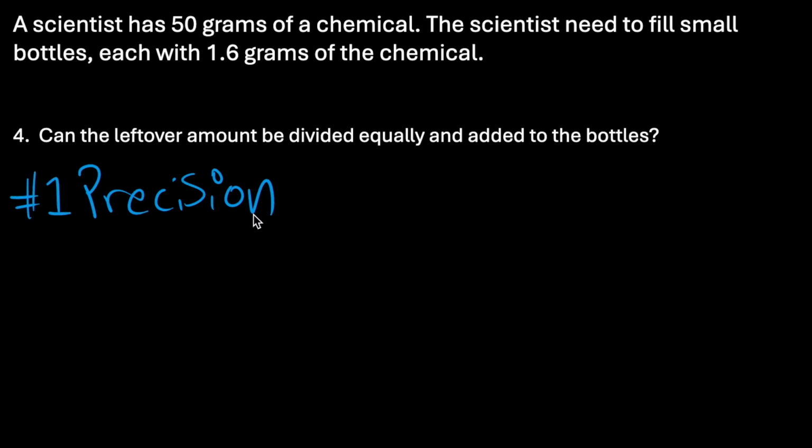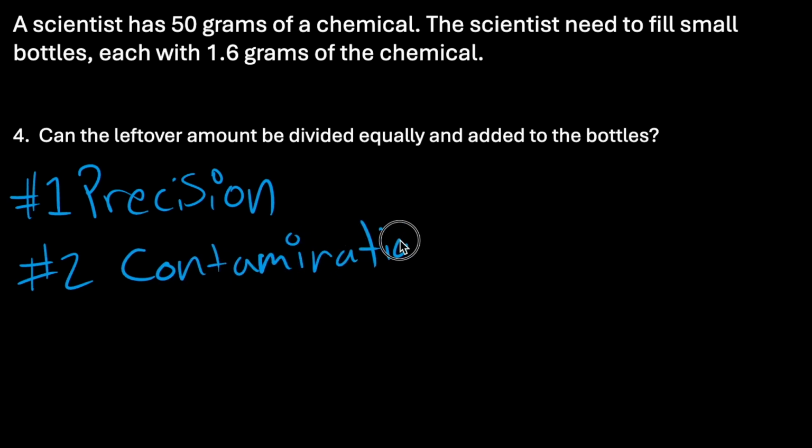Just adding such a small amount to each bottle might not be precise enough, and it will be difficult to do. And the second main reason is cross-contamination. Contamination is spelled C-O-N-T-A-mination. So if the chemical is very sensitive, adding it back to these bottles could increase the risk of contamination.